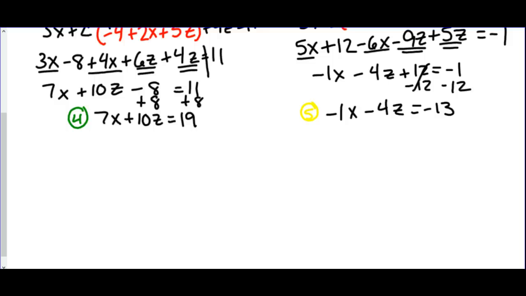This time, we have a little less flexibility. There's no one letter that has no coefficient. So I'm going to pick the one with the smallest coefficient. I'm going to pick the letter x over here on equation 5 to get alone. So to do that, we're going to have to add our 4z to the other side.